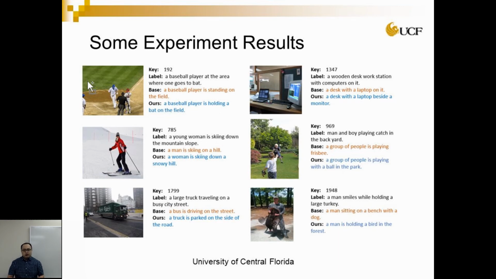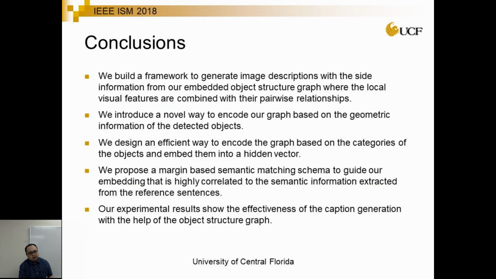We see the sentences generated by our model contain more positioning information and details, and compared with the baseline results, we have more accurate descriptions of the interaction between the objects.